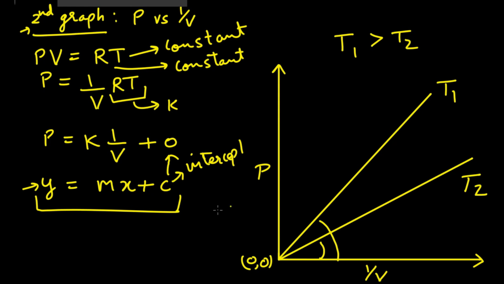Now we will find the relation between density and pressure by using Boyle's law. So let's start. Now Boyle's law states that PV equals K. This is Boyle's law, and K is Boyle's constant.